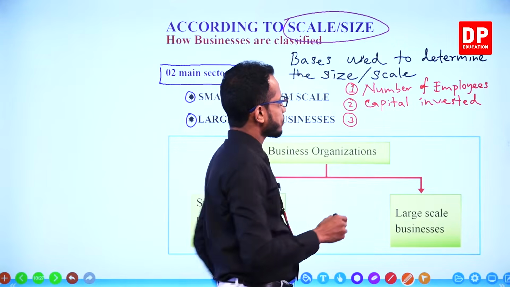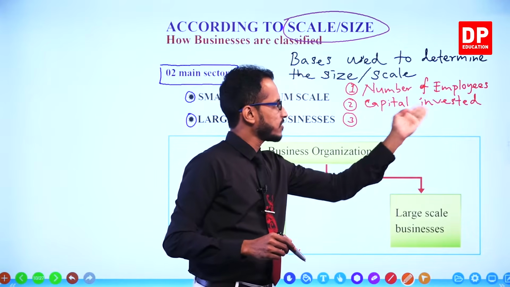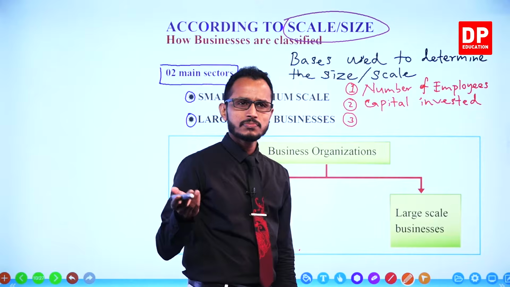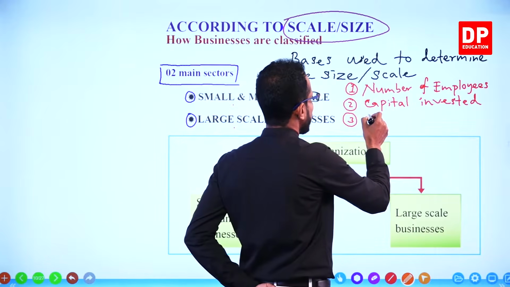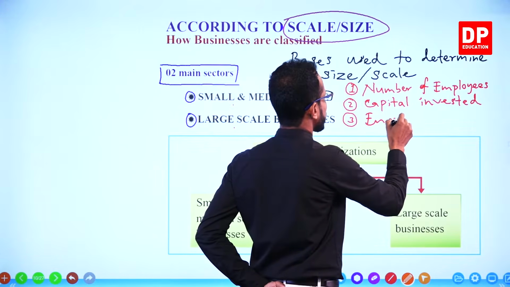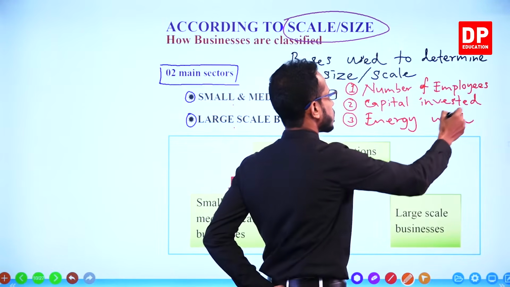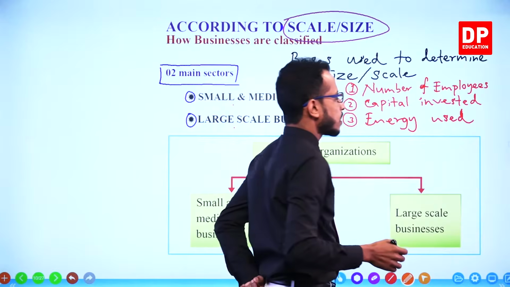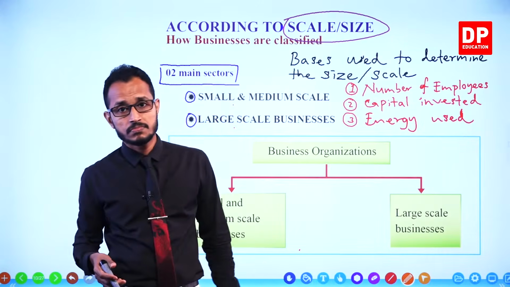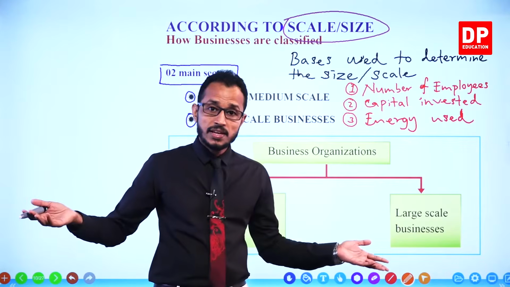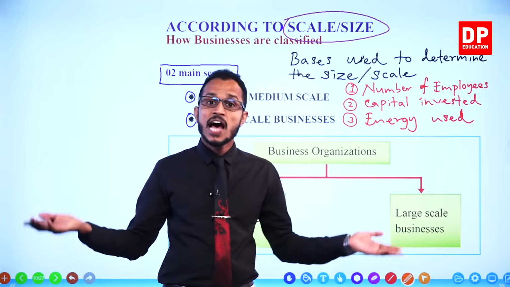The third criteria. You can consider the number of employees, the capital invested, or maybe the energy used. Energy means the electricity used. How many kilowatts? If it's a big factory, the electricity bill is coming over 100,000.